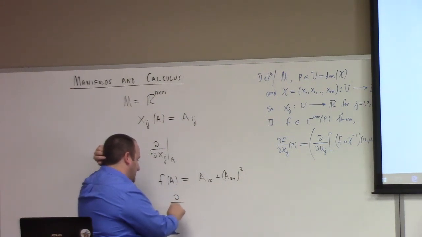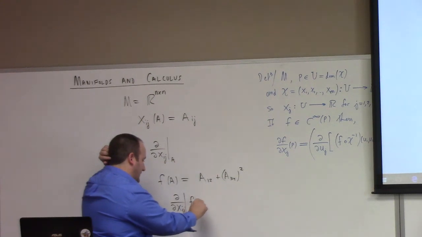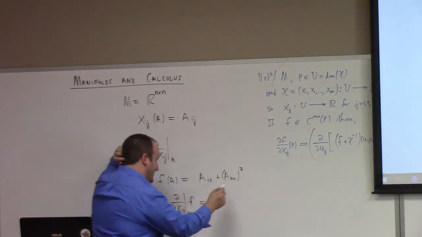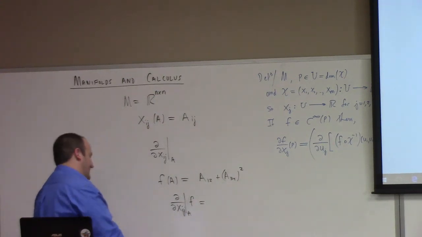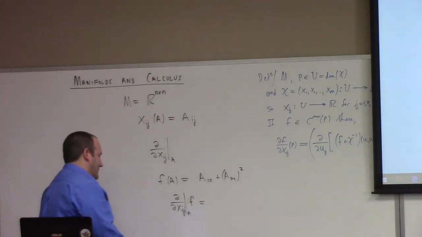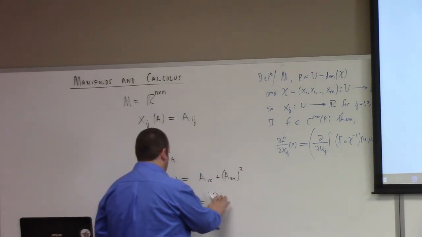Because when I calculate partial x_ij of f at the point A, let's see here.